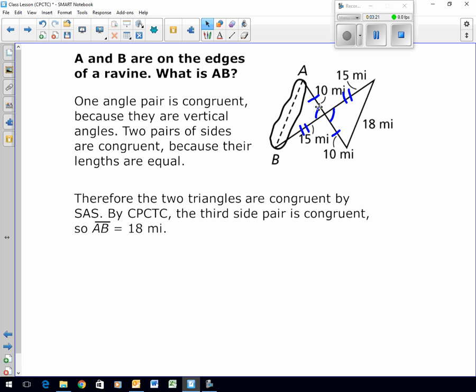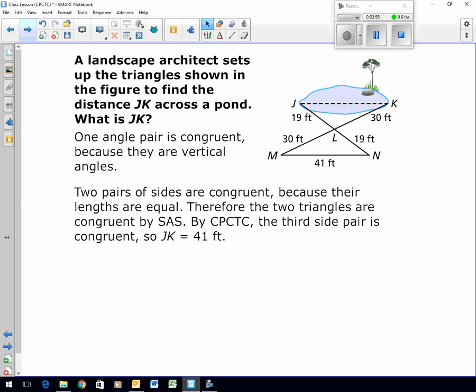So now, what's the measure from A to B? 18 is the correct measurement. If you want to know why, it's because each of the side lengths and angle measurements in the 2 triangles are congruent, because corresponding parts of congruent triangles are congruent. CPCTC. All right.